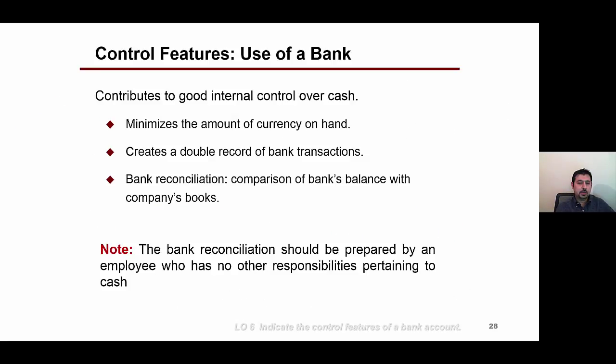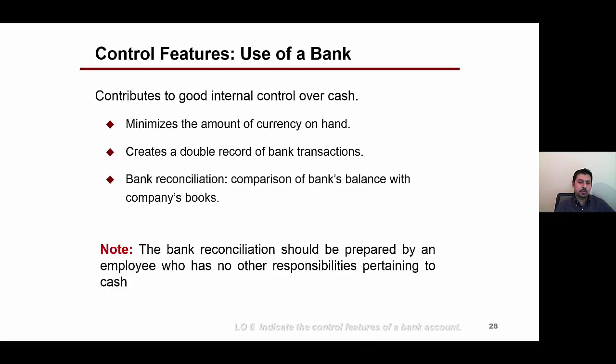Now we'll get to the usage of a bank as a control feature. So banks are good because they provide the company with the means to minimize the amount of cash that is on hand. They also provide the company with better safes, etc., so they can safeguard the cash. In addition to that, they create a double record which can be used also to reconcile.